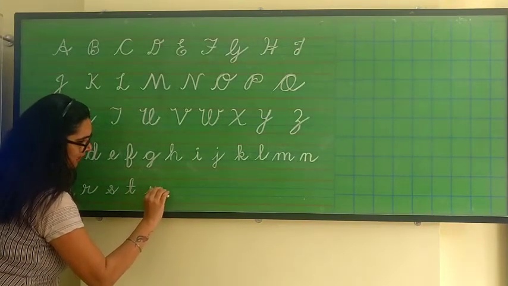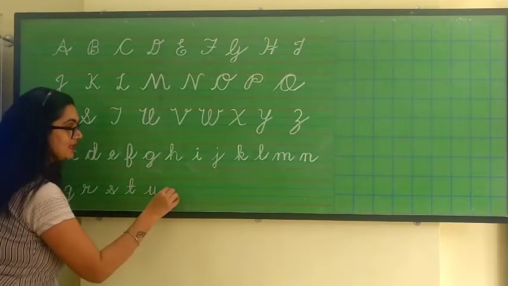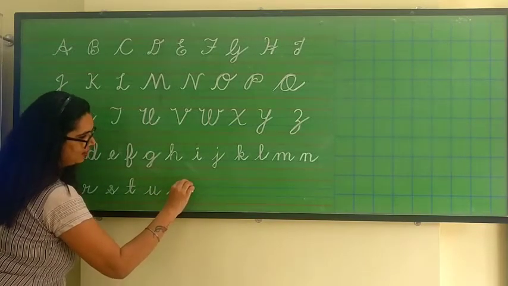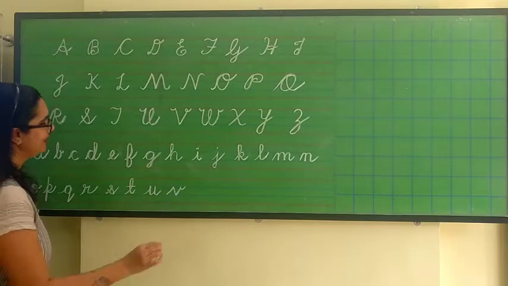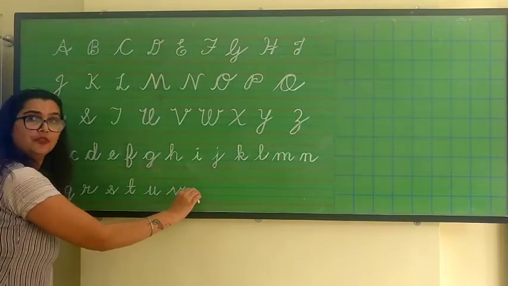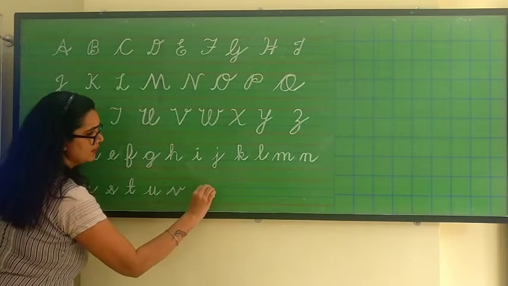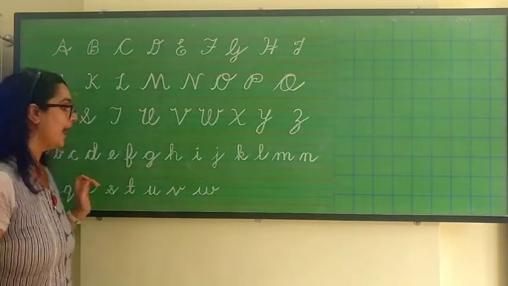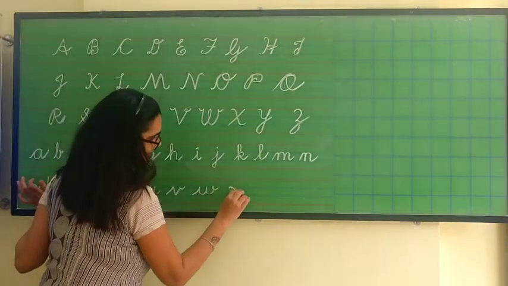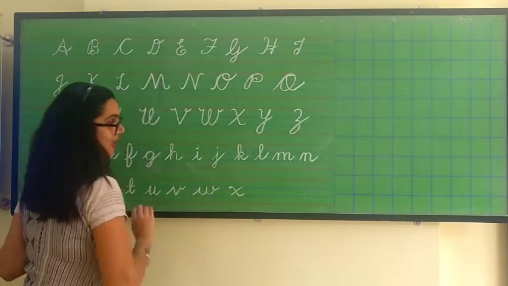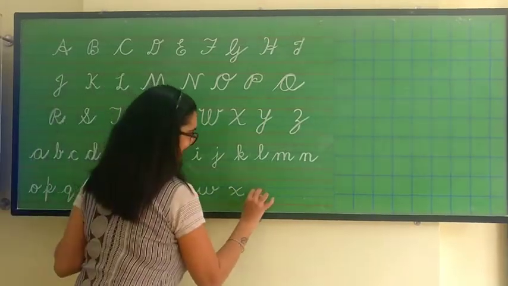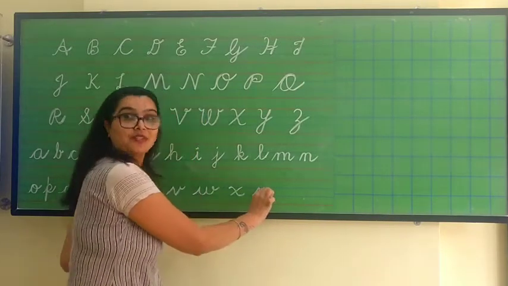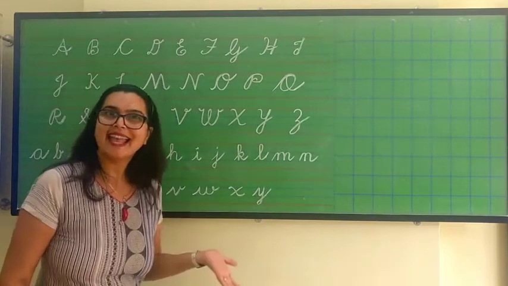This is the way you are going to write U. And then comes V, a slant line. Up, down, up and a curve. After V, W. So here we are going to write letter W. This is the way we are going to write cursive small W. Now X. Y. And the last letter is, after Y comes Z. Yes.